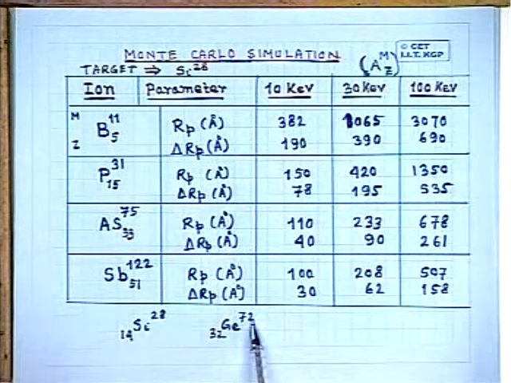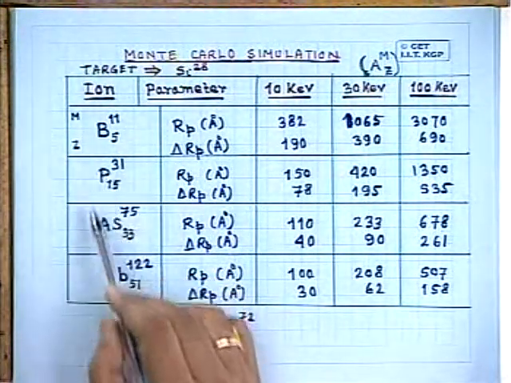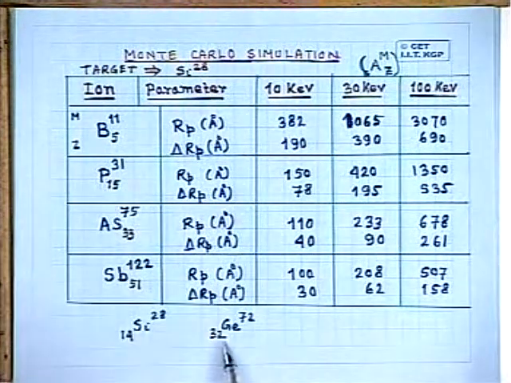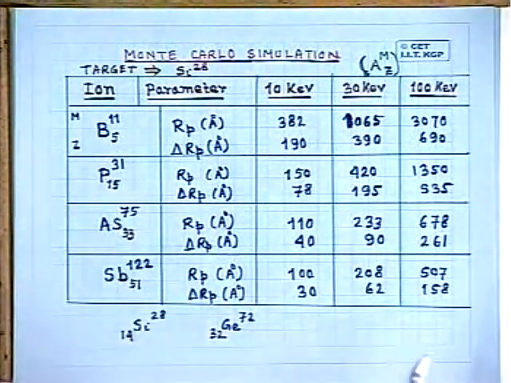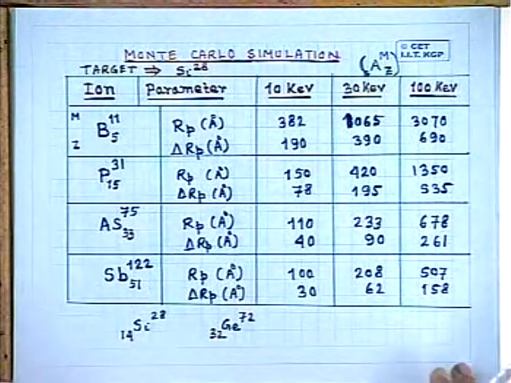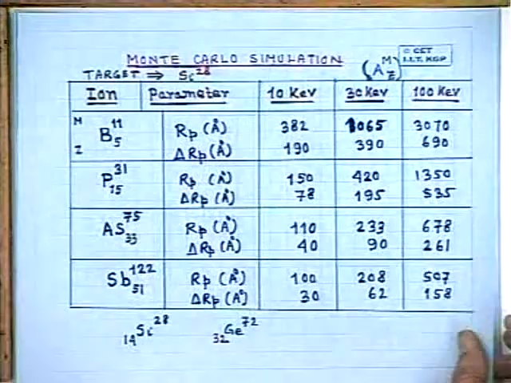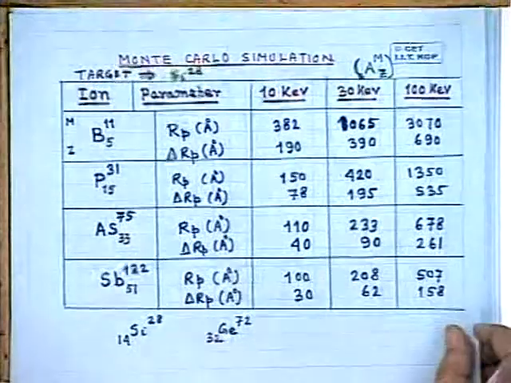In germanium, the mass number is 72 and the atomic number is 32. Basically, these 6 elements, their mass number and atomic number, you should try to remember, because these are the common elements used in implantation or in devices.